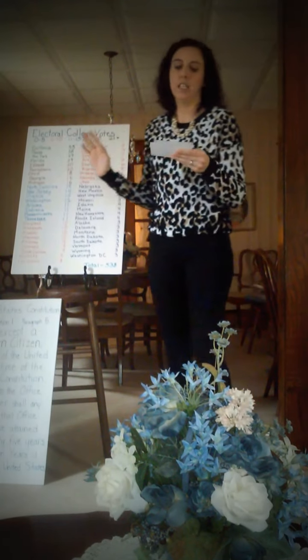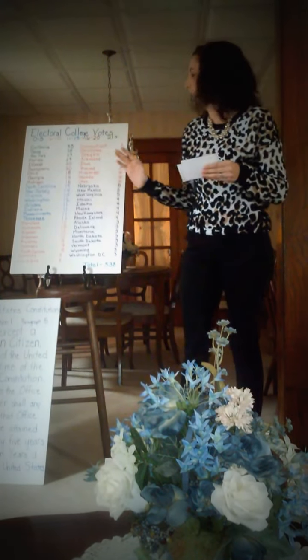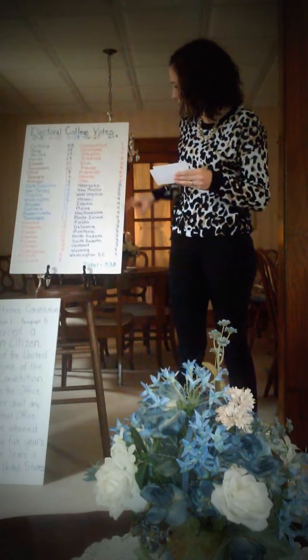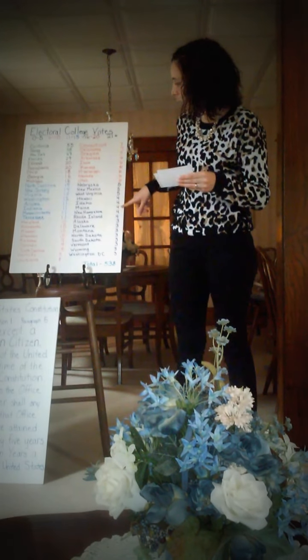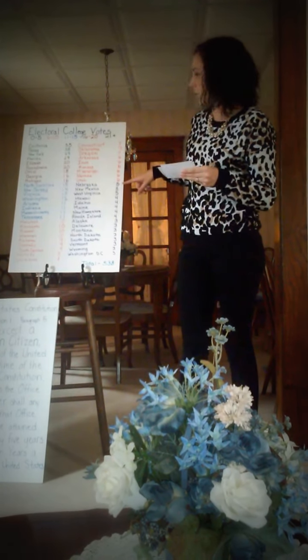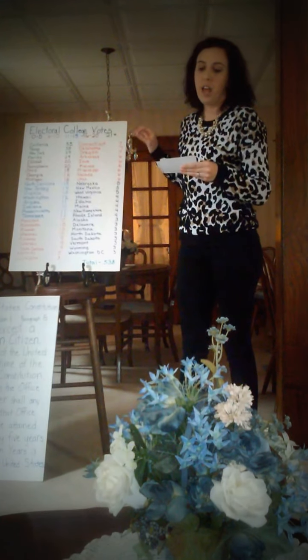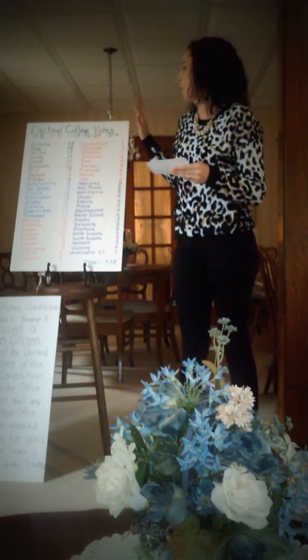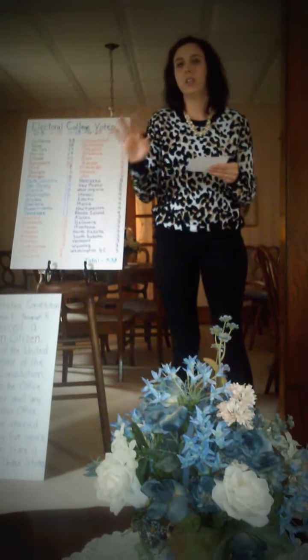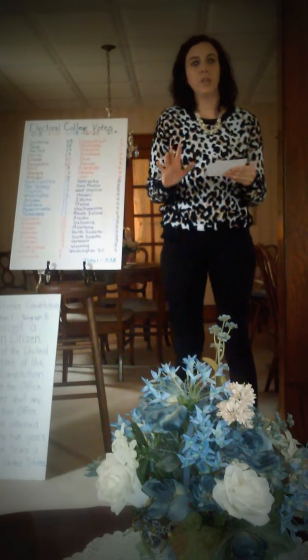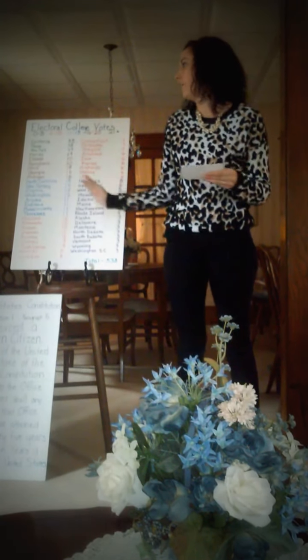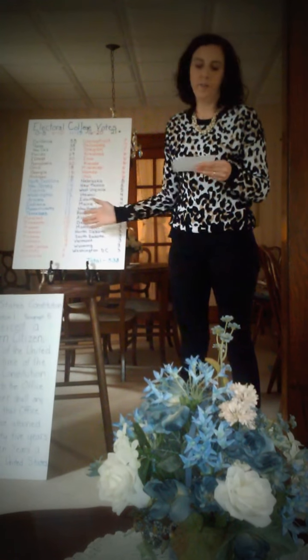All of the states, except for Maine, which has 4 Electoral College votes, and Nebraska, which has 5, every other state is winner take all. So whoever the majority in the state votes for, all of the Electoral College votes go to that candidate.